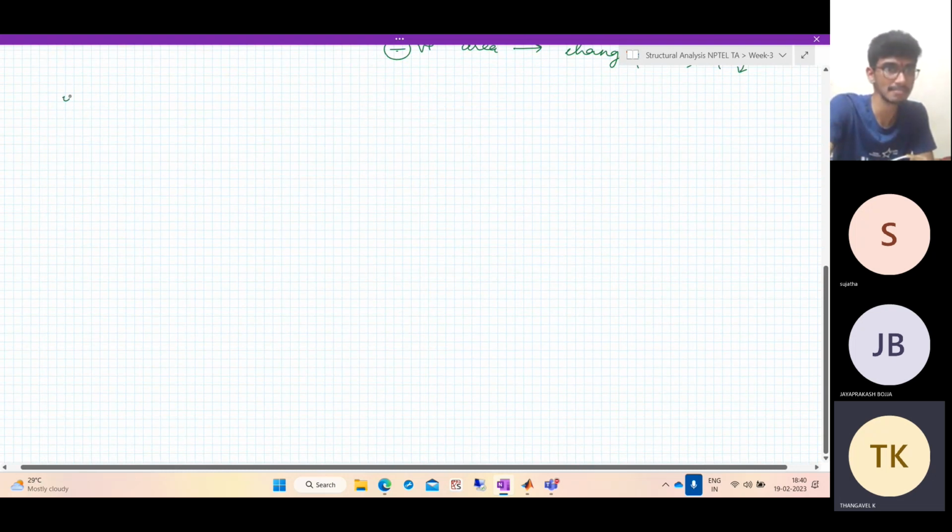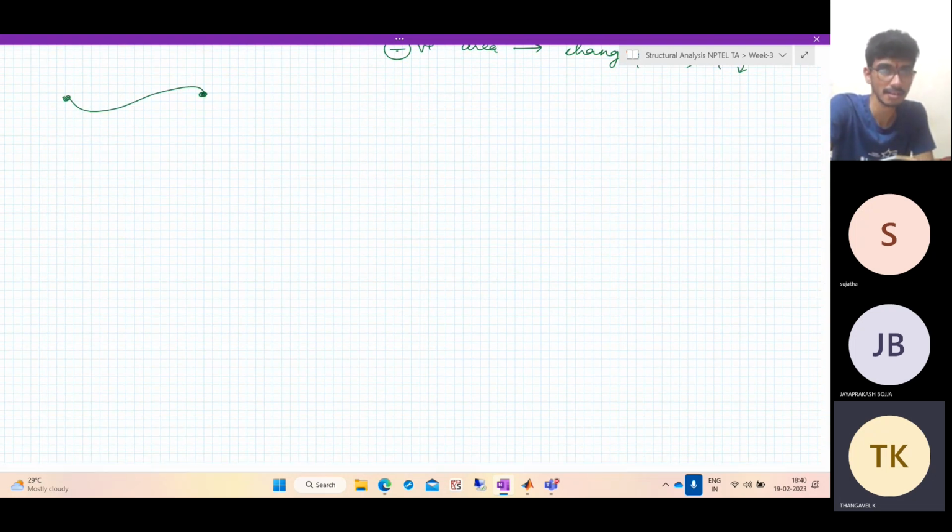So the elastic curve is something like this, and you have the point A and the point B. If you want to determine the deviation, let us draw the tangent at point B. The tangent at point B is something like this, and A lies here.